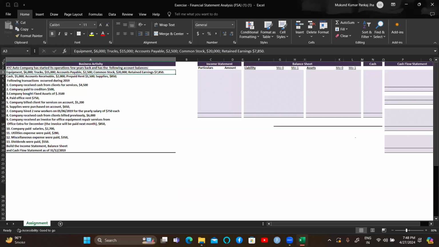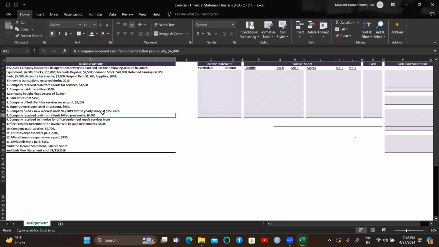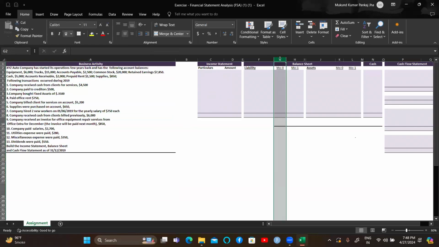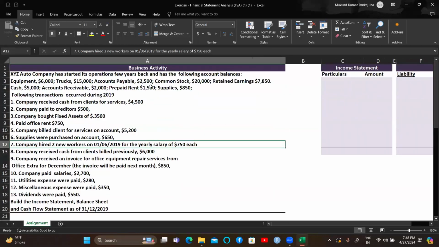Done. So how this sheet is different from the other sheet till now, KG, is that there would be a notes section or financial statement analysis section over there. You will be able to find these sheets. So guys, please concentrate. Till now, we have seen that the company is newly incorporated and we don't have any past financial statement. But this time we have been given the closing balance sheet.